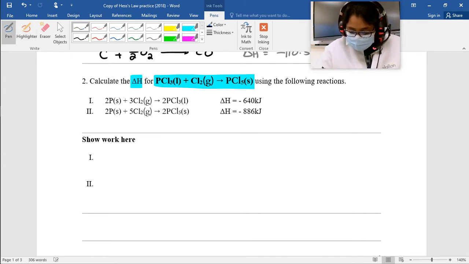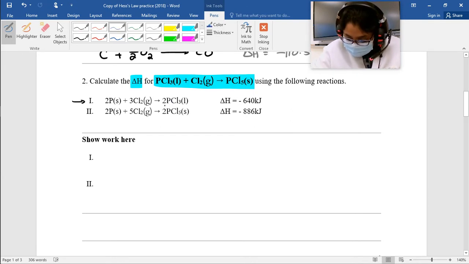Okay? So let's look at the first equation and ask the question. Does this equation have anything that we want? Yes, it does. It has the PCl3 and it has the Cl2. So for the PCl3, the next question is, is it the correct number of PCl3s? No, it's not, right? We need one of these, but we have two of them.